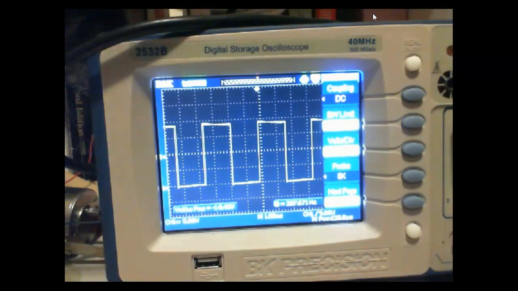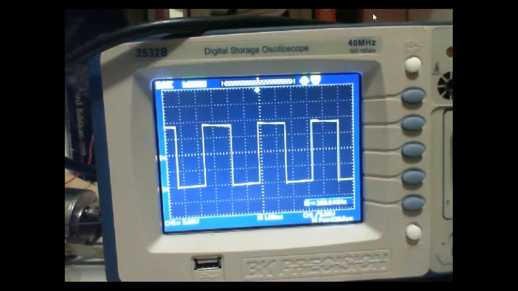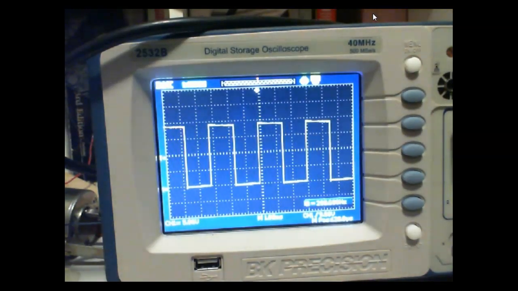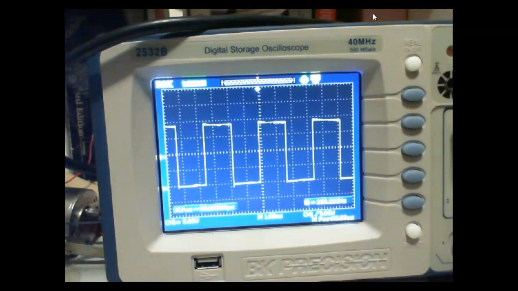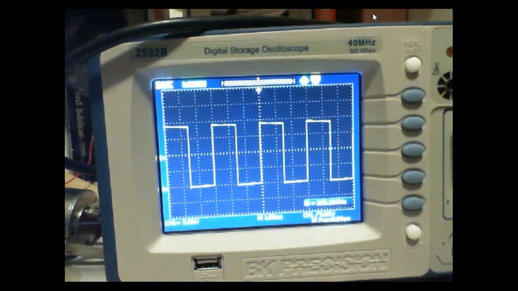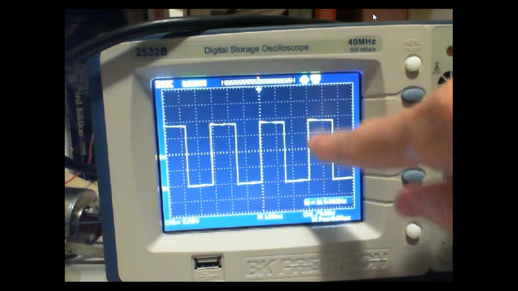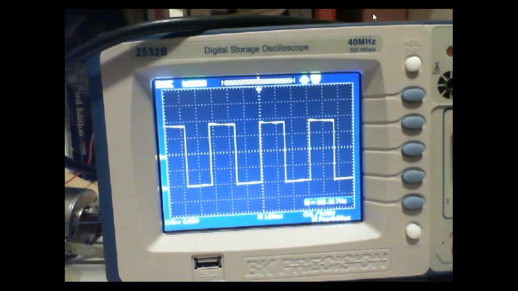And I'm going to adjust the speed so it crosses, make it a little easier for us to do. Okay. What I was trying to do is get the vertical lines. So I have it on 1 millisecond per division.